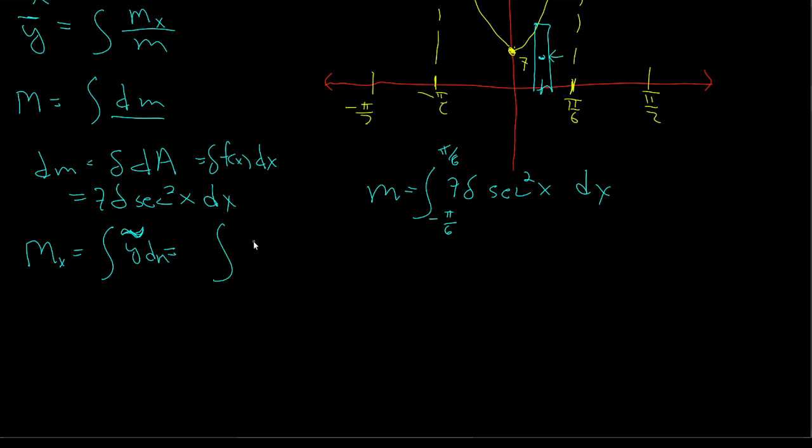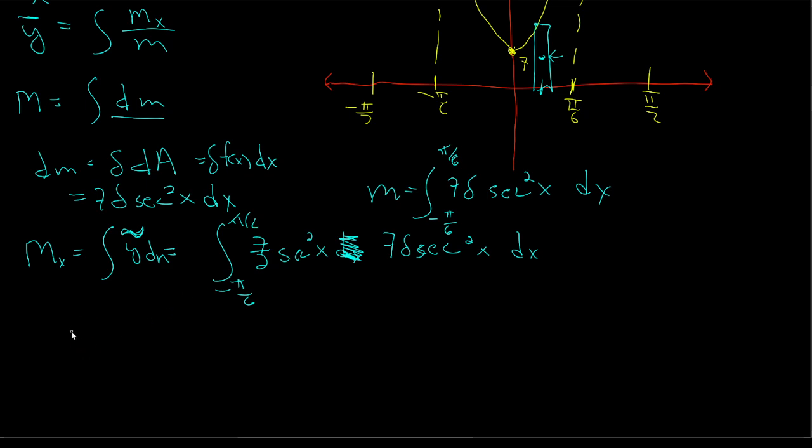So if we substitute that in, we're going to have 7 halves secant squared x times 7 delta secant squared x dx. Whoops. There's no dx on that part because y tilde doesn't have a dx in it. From negative pi over 6 to pi over 6.